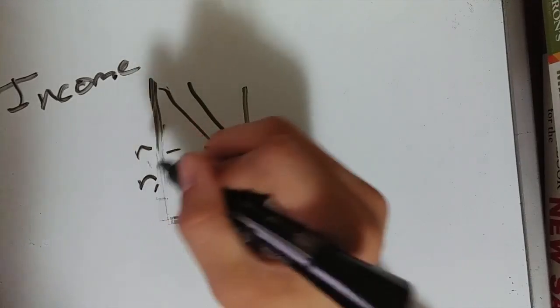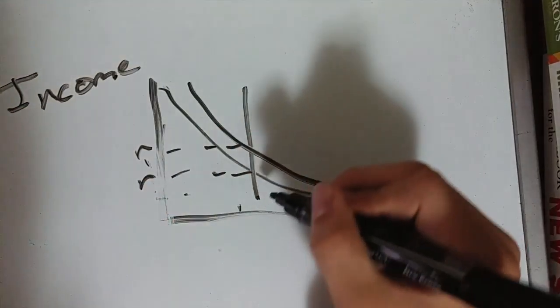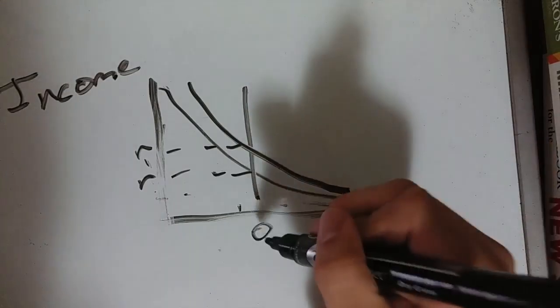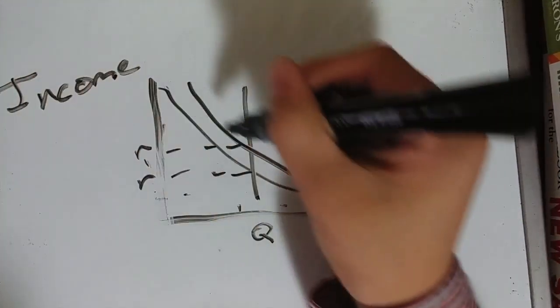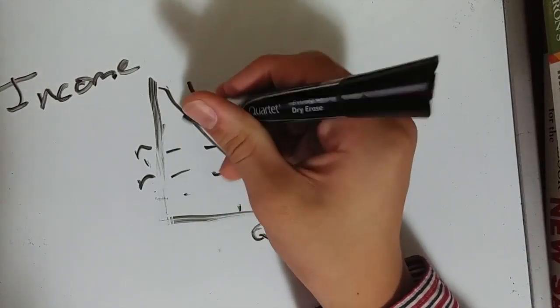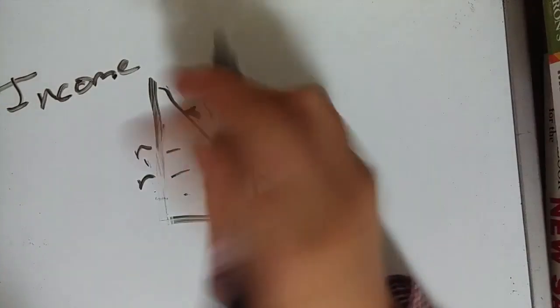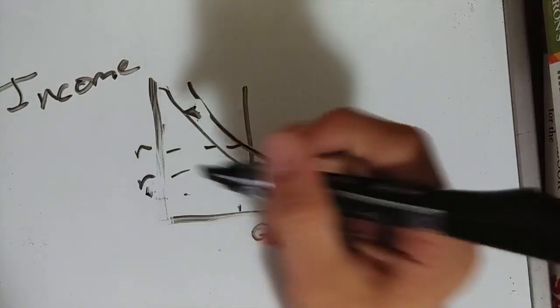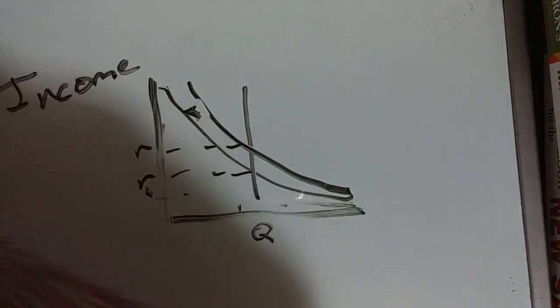Nominal interest rate increases, and quantity once again stays the same. If you were to decrease income, so increasing it shifts it to the right, decreasing income shifts to the left, and you decrease your interest rate.